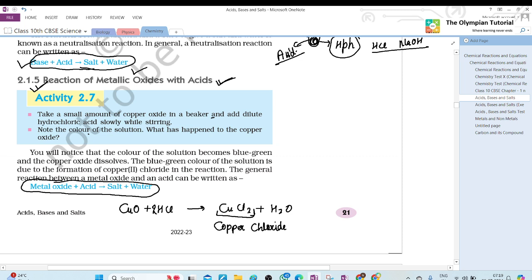Now, write down: when copper oxide reacts with dilute hydrochloric acid, blue green colored solution is formed.